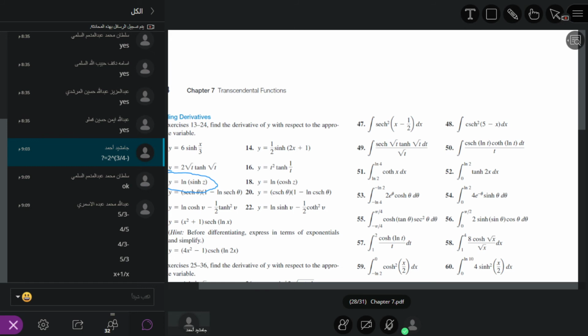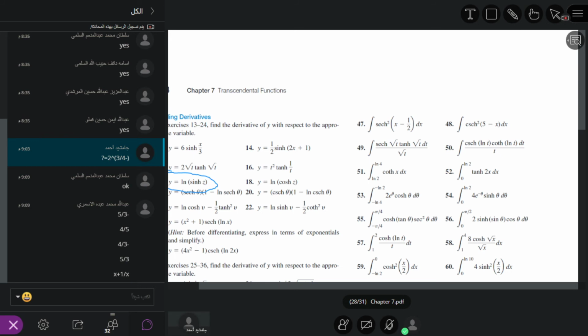For this case, if I ask you, what is the derivative of log natural x? Abdullah, what is the derivative of log natural x? And the remaining students?